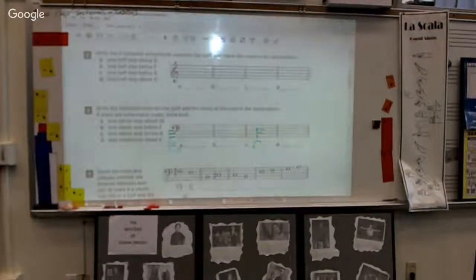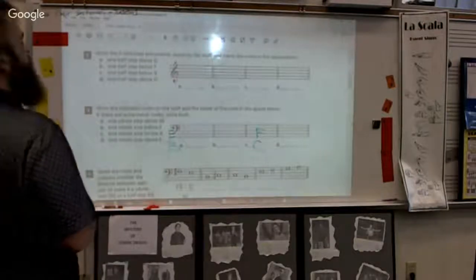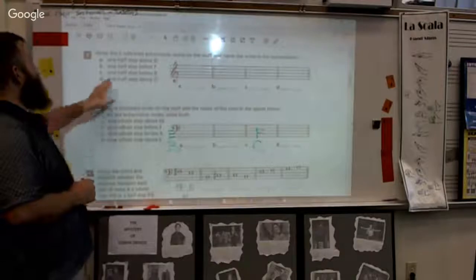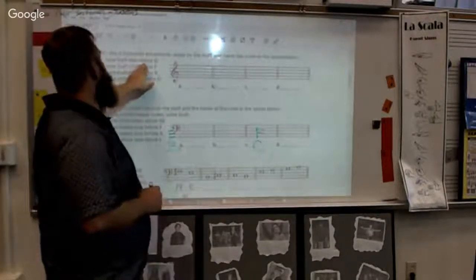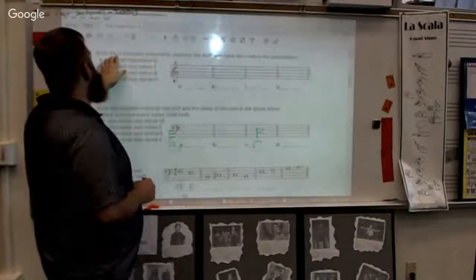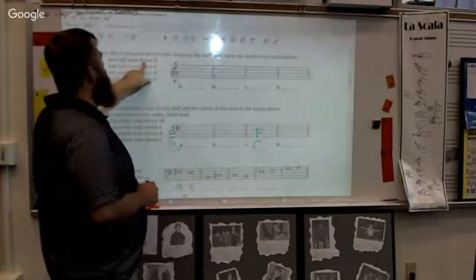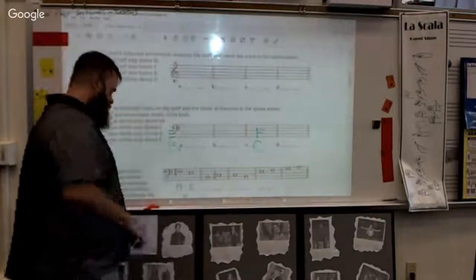Write the 2 indicated enharmonic notes on the staff and name the notes in the space below. Let's practice this together. 1 half step above G. So the 2 indicated enharmonic notes. The 1 half step above G, let's find it.